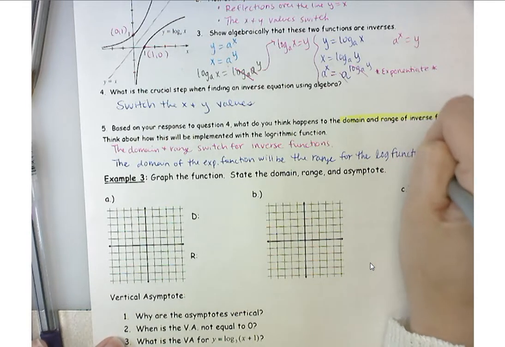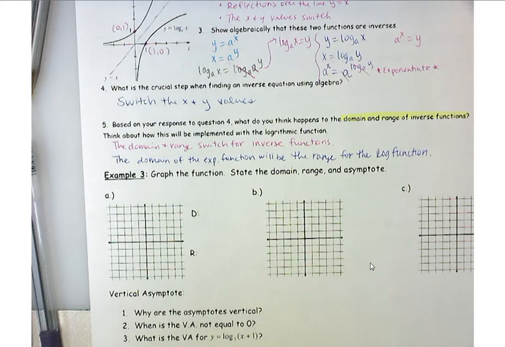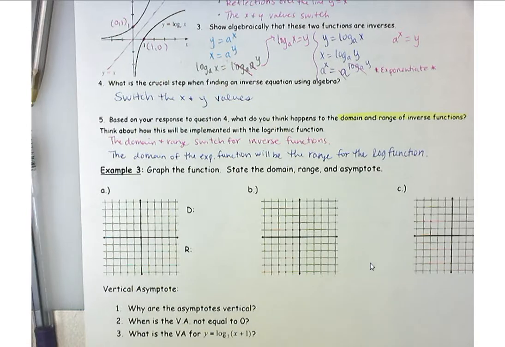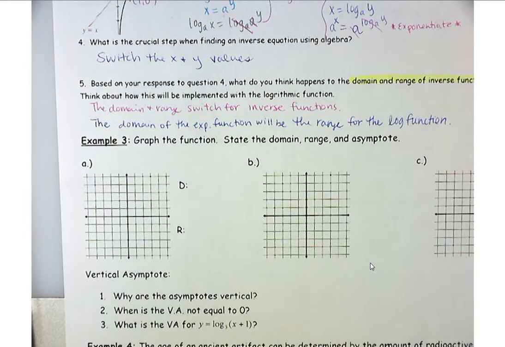And the same thing obviously is going to happen with the range too. The range of the matching exponential function is going to be the domain. So remember, there's lots of types of exponential equations. So they do have to be the inverse of each other, so your same base.